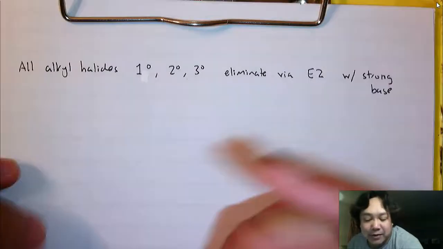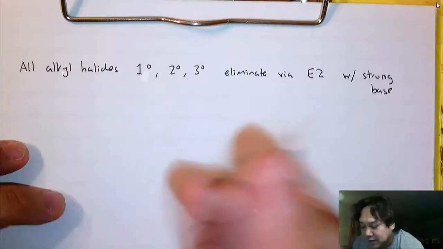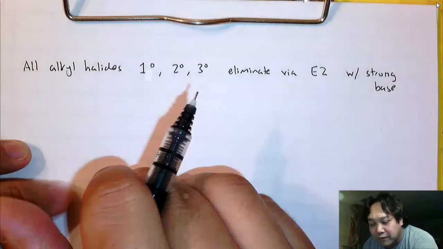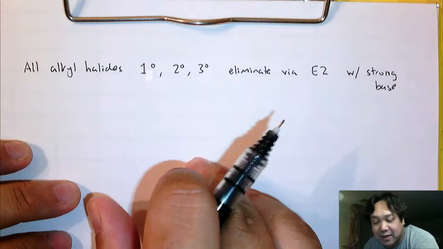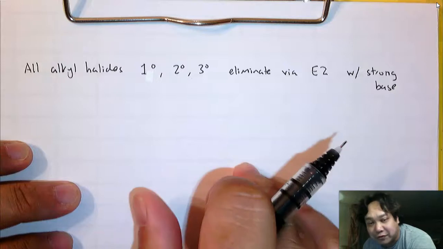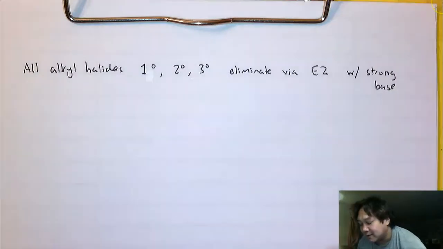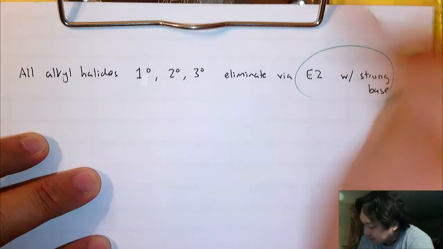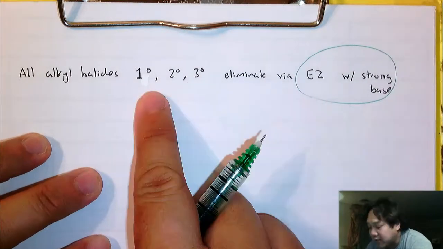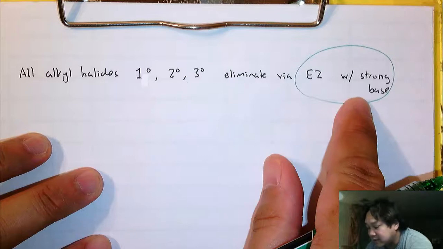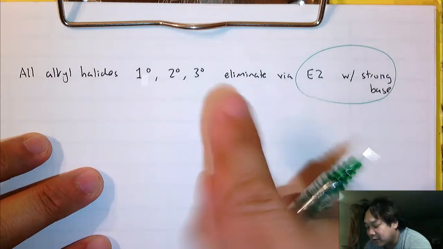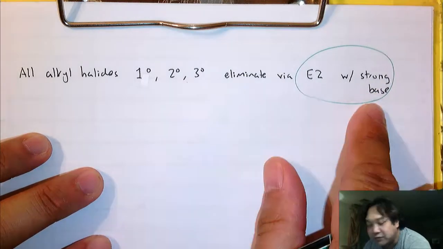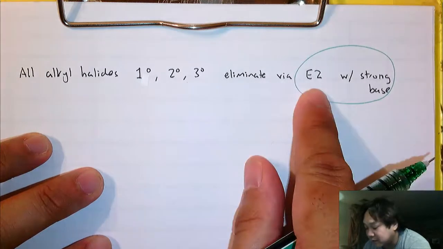Okay. That should sound familiar because with substitutions we learned good nucleophiles and poor nucleophiles, anionic nucleophiles and neutral nucleophiles. Okay. So I won't belabor the point. You gotta remember this: any alkyl halide with a strong base eliminates via E2.